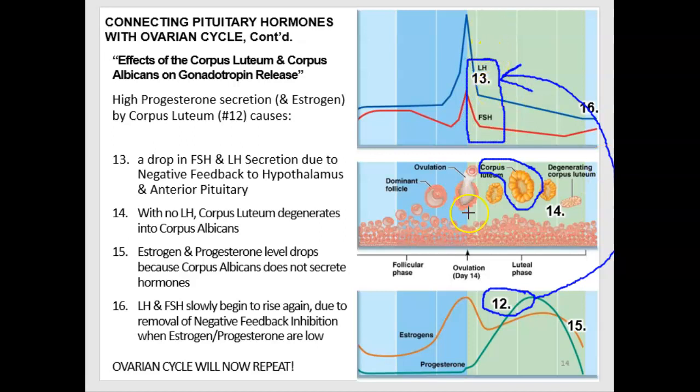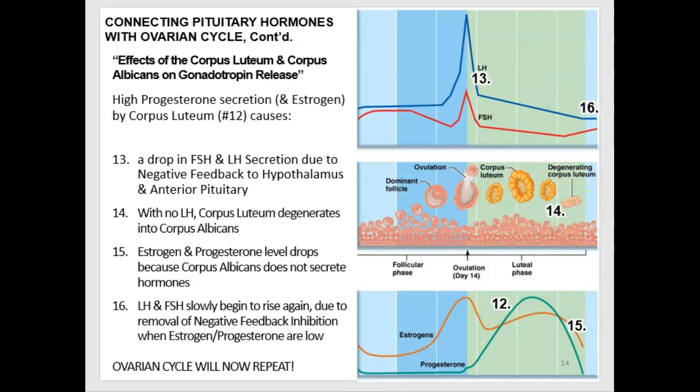So no longer will you have FSH or luteinizing hormone acting on the ovary. And with no luteinizing hormone, this corpus luteum will eventually degenerate. And it degenerates into a structure called the corpus albicans, which is a connective tissue, scar tissue-like region in the ovary.